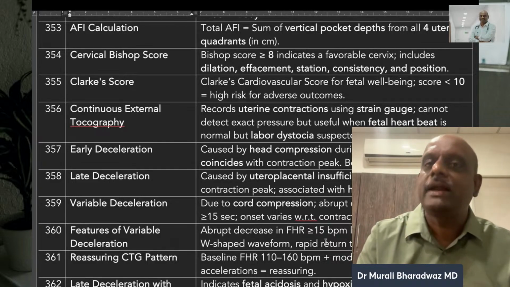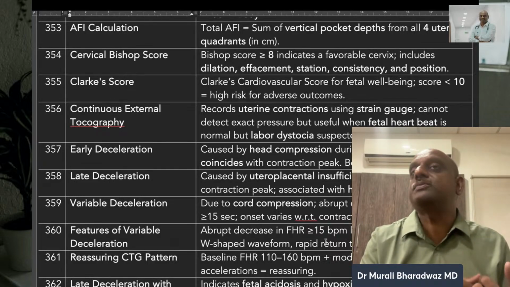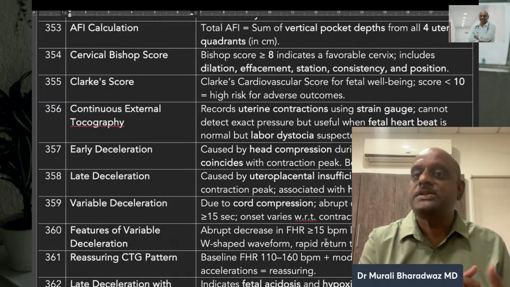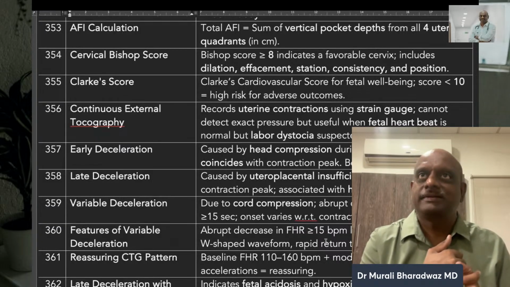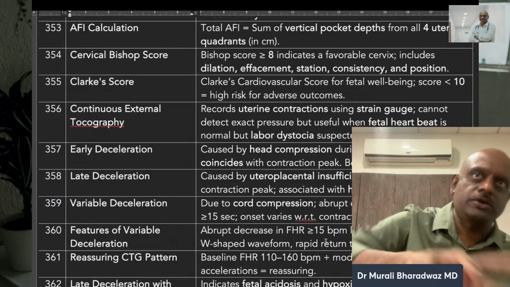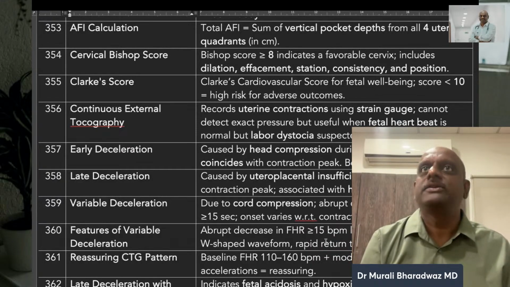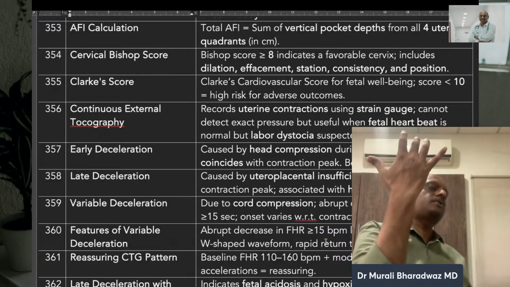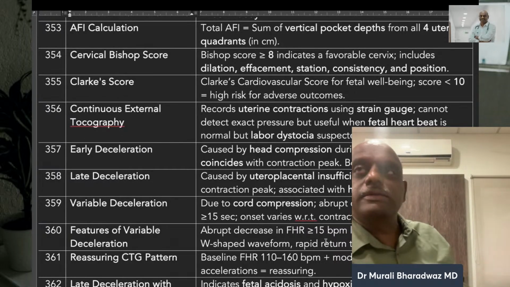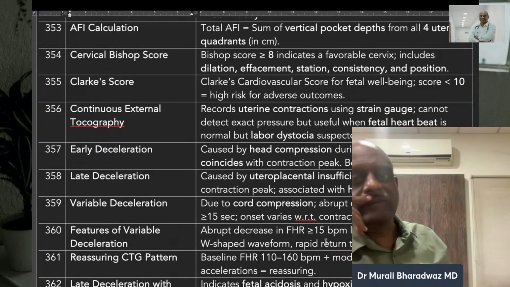How is the cervical dilatation? How is the effacement? What is the station of the baby? What is the consistency and the position? How is the fetal skull? Occipito posterior, occipito anterior, etc. So tell me, what are the components of the Bishop score? Station, consistency, and position. Okay.